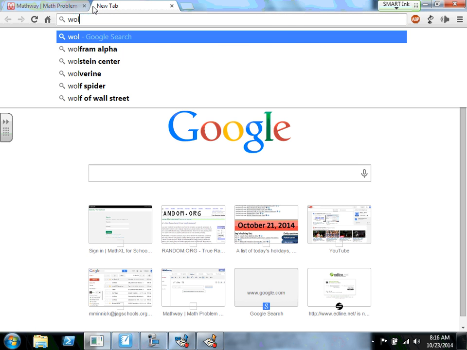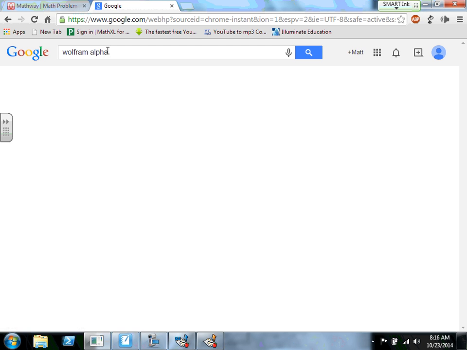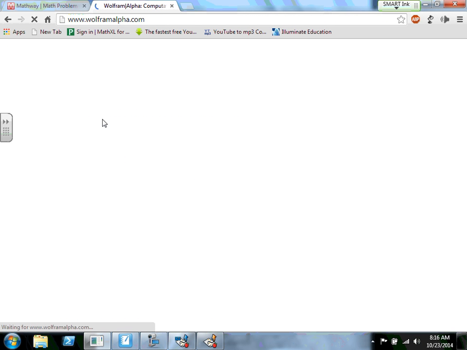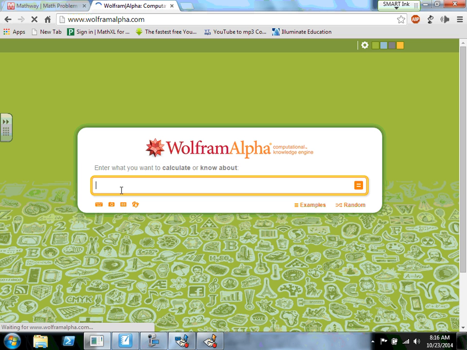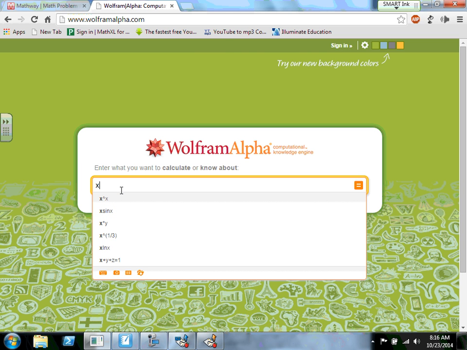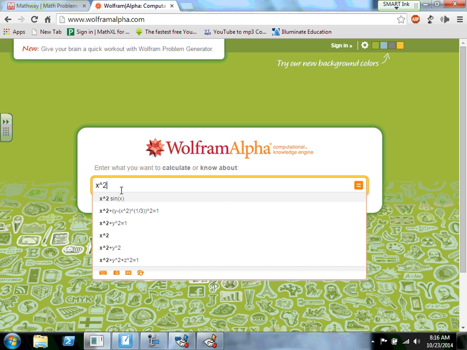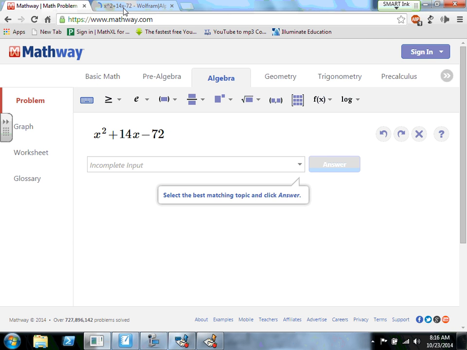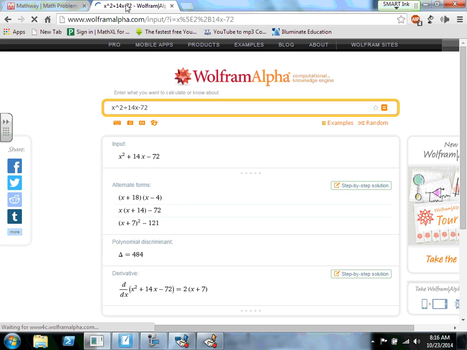I shouldn't show you this one. This is a computational knowledge engine. There are other ones out there, I'm sure. But let's see. x squared plus 14x minus 72. Bam. Press enter. I think our internet connection is slow.